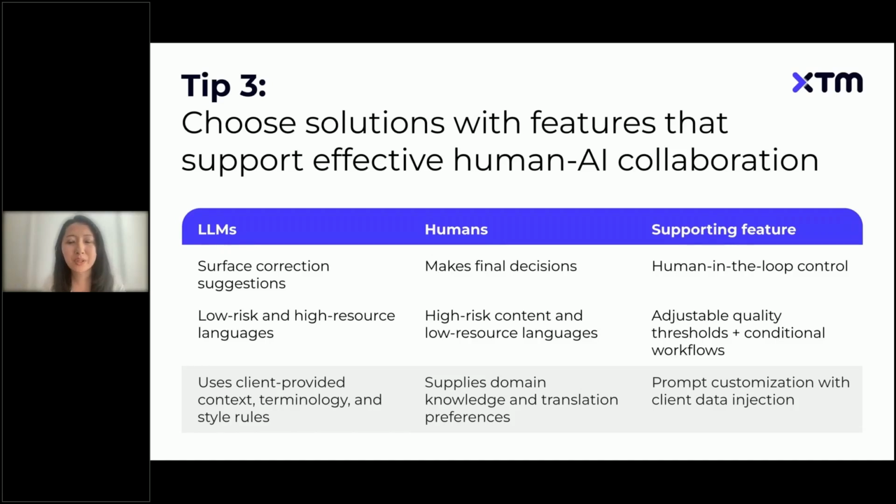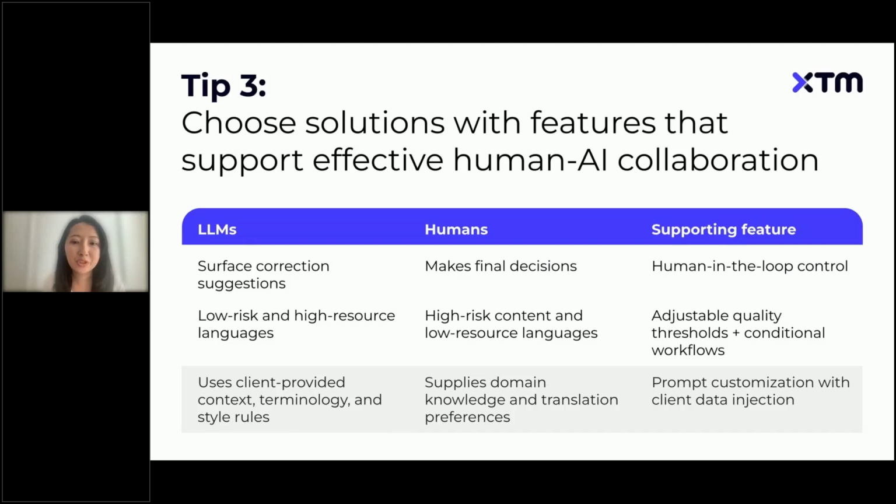Finally, the last model is around custom AI enabled by humans. So basically, AI becomes even more powerful when it's working with your real-world context. In this approach, AI draws on your guidelines, terminology, and style rules. So we need humans to provide domain expertise and language preferences.